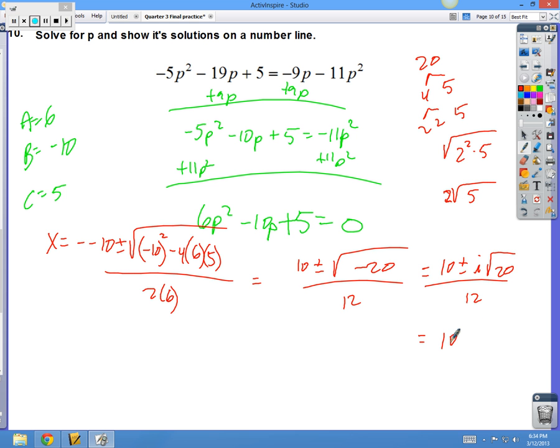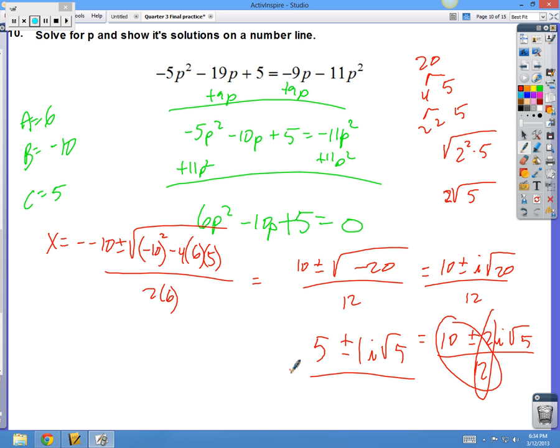So your next move is going to be 10 plus or minus 2i times the square root of 5 over 12. And then you can clean this fraction up, because 10, 2, and 12 are all even, so divide them all by 2. So 10 is going to change to a 5, 2 is going to change to a 1, and on the bottom 12 is going to change to a 6. So this is the final and very best answer.